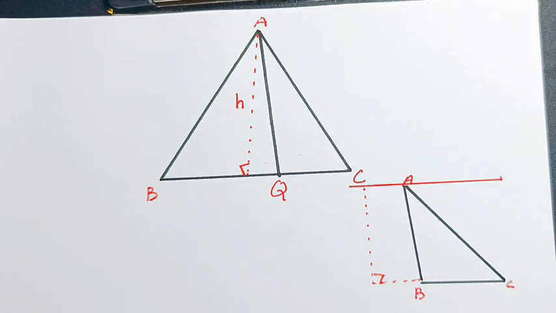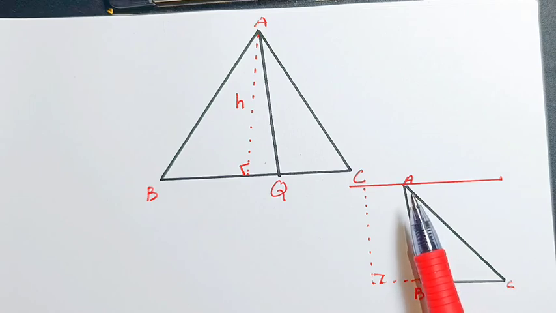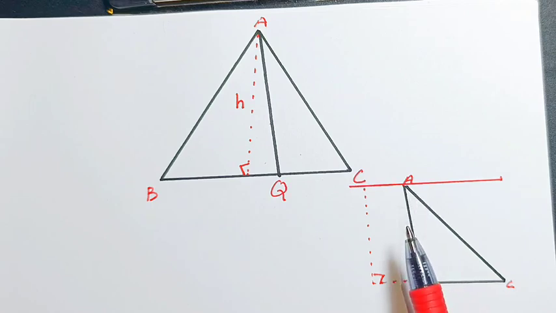From the very top straight down to the very bottom, that's the perpendicular height of your triangle. Extending the base doesn't mean I change the base length. I just extend the base to help myself find the perpendicular height of this triangle.